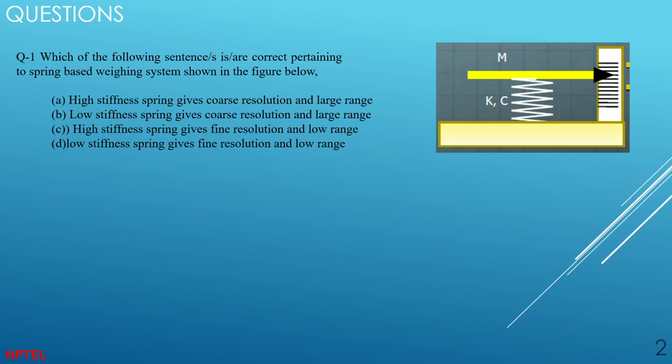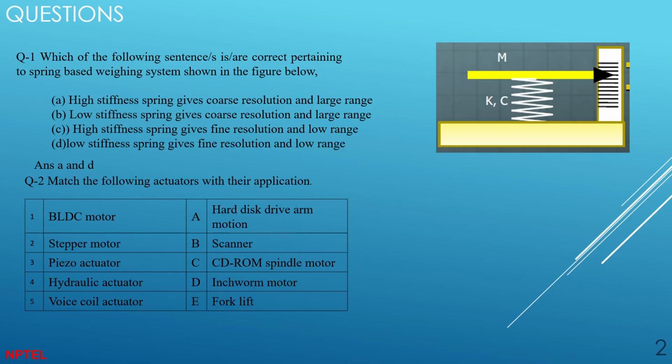And then there is a match the following. You need to match the left hand side, where you have the motors, and the right hand side, where you have the applications for the motors. So the first one is a BLDC motor.